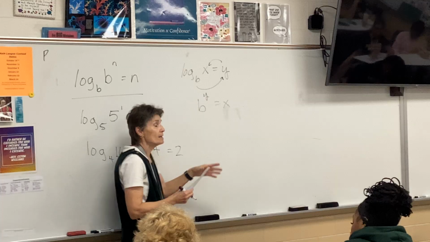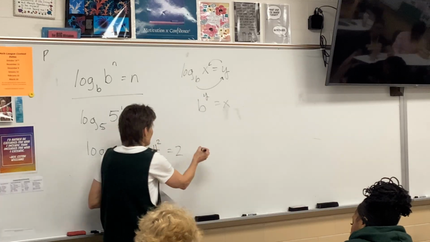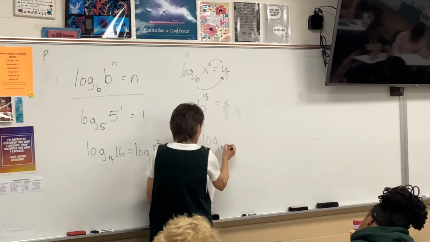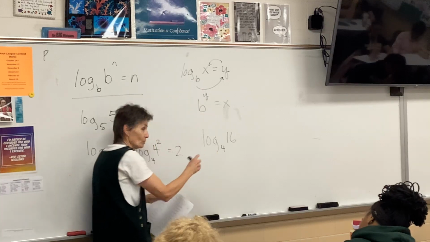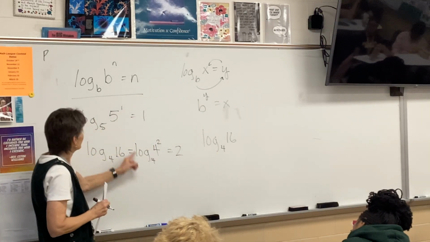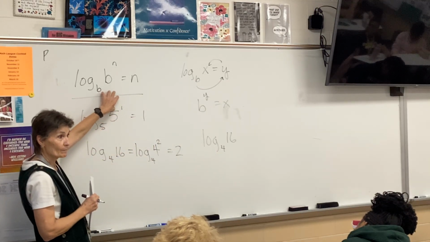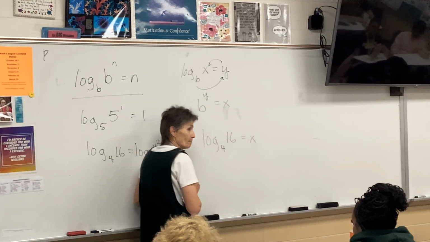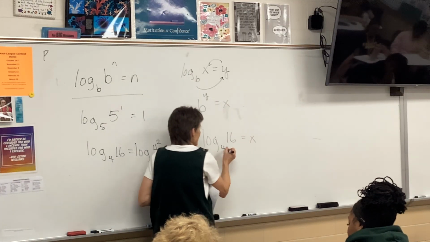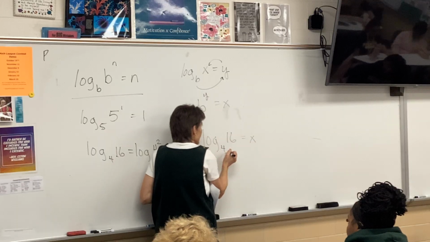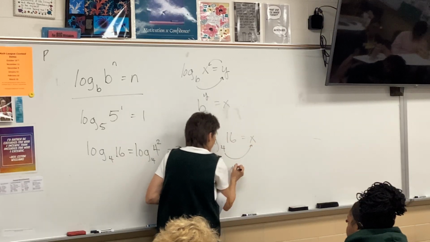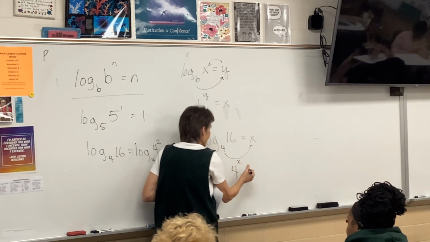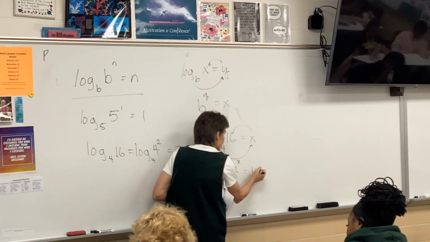It's a tool. When I look at problem 2, which we already did, we already did it using this tool. If I set this equal to x, and then loop-de-loop it, it would say 4 to the x equals 16.